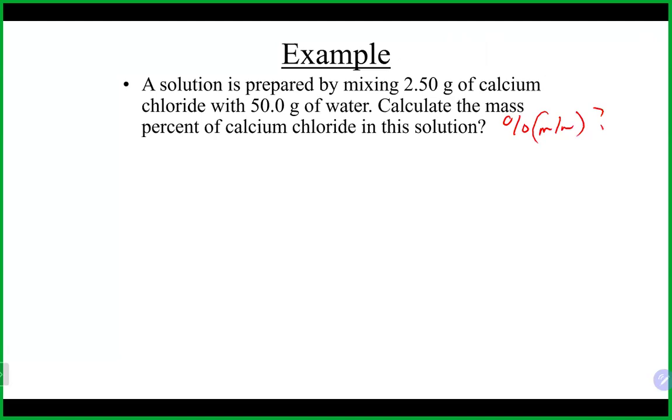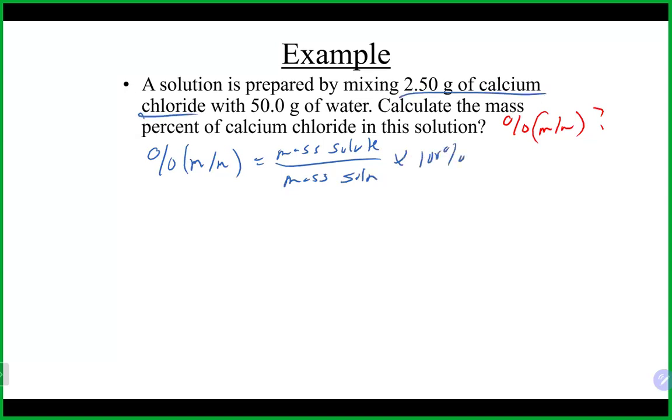So obviously we're using our percent mass to mass here. That's our mass of our solute divided by the mass of the solution times 100%. In this case, the calcium chloride is our solute. It is the smaller part of the solution.